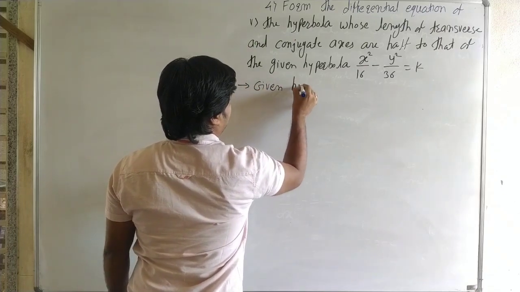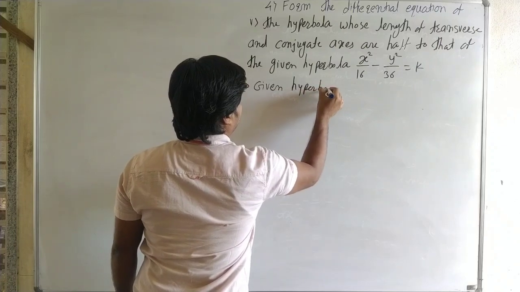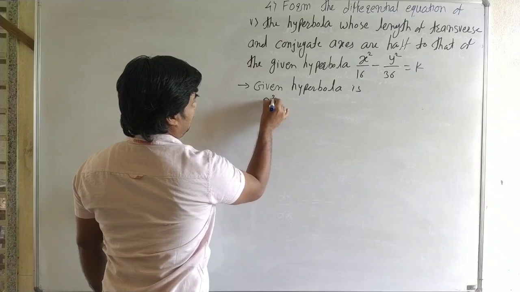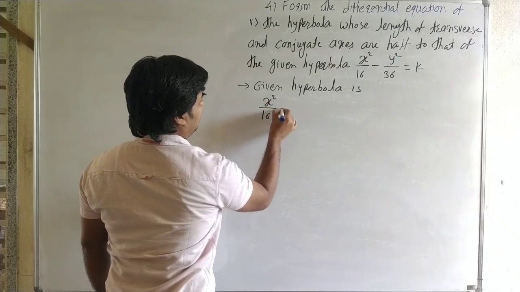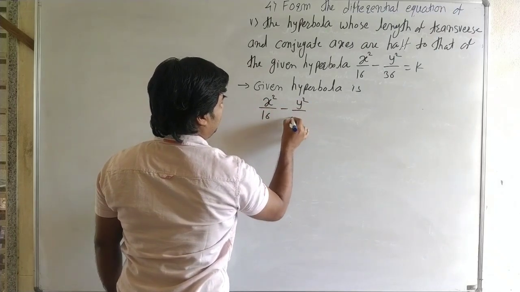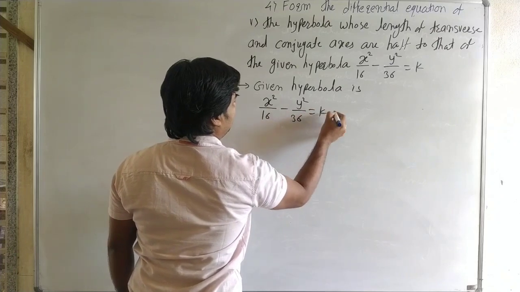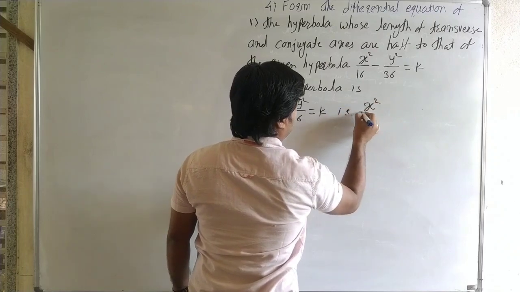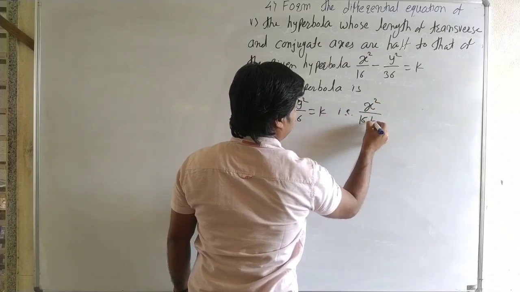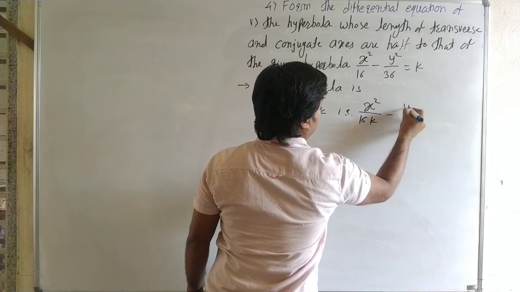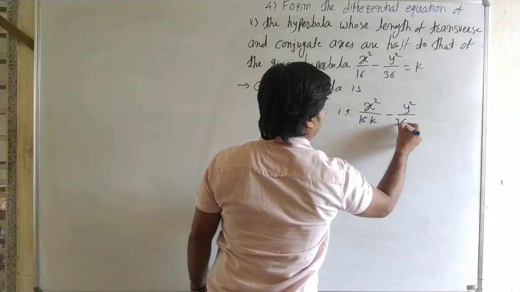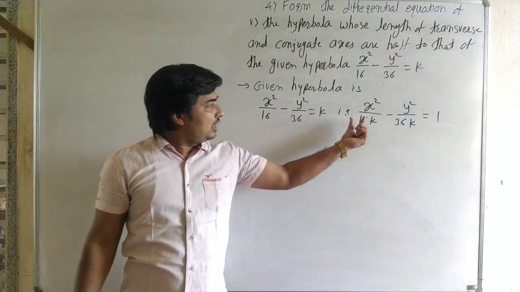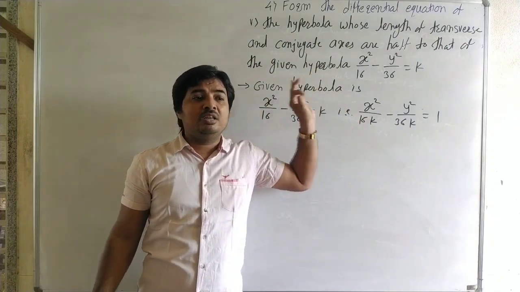The given hyperbola is x square upon 16 minus y square upon 36 is equal to k. That is, see carefully this, x square upon 16k minus y square upon 36k is equal to 1. It is our equation of the hyperbola in a standard form.